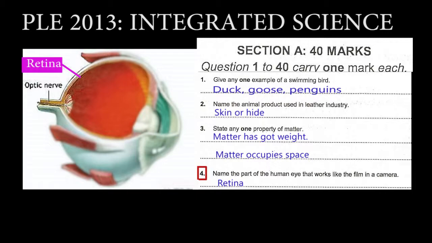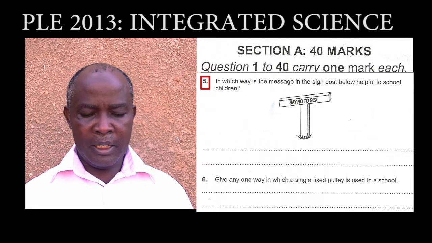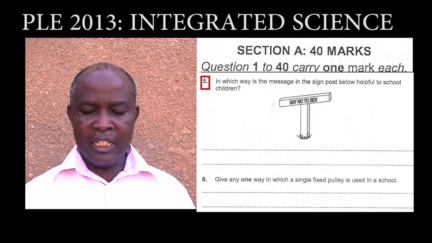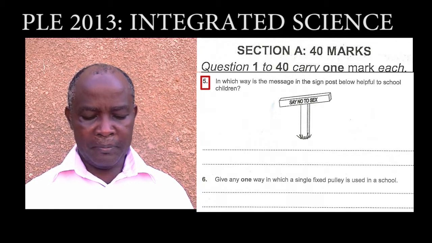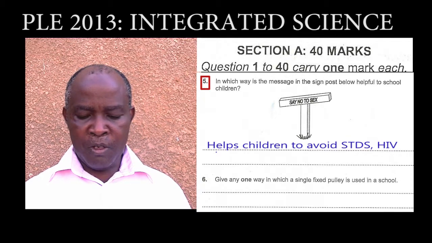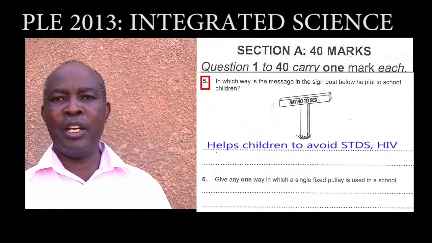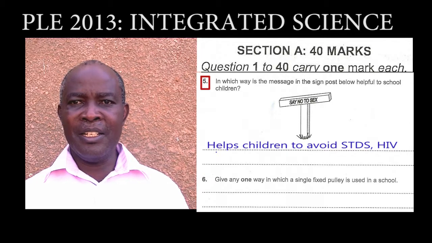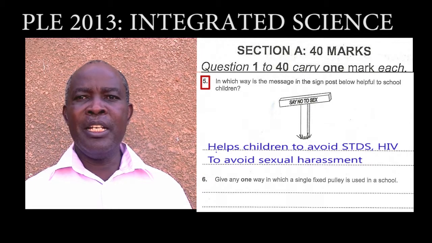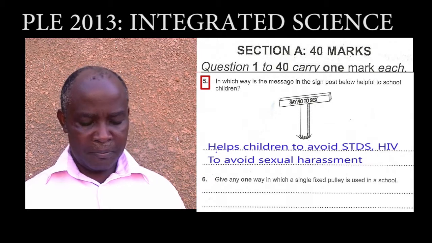Retina is where the image forms in the eye. In which way is the message in the signpost below useful to the school children? It helps the school children to avoid STDs, sexually transmitted diseases, to avoid HIV, to avoid sexual harassment.